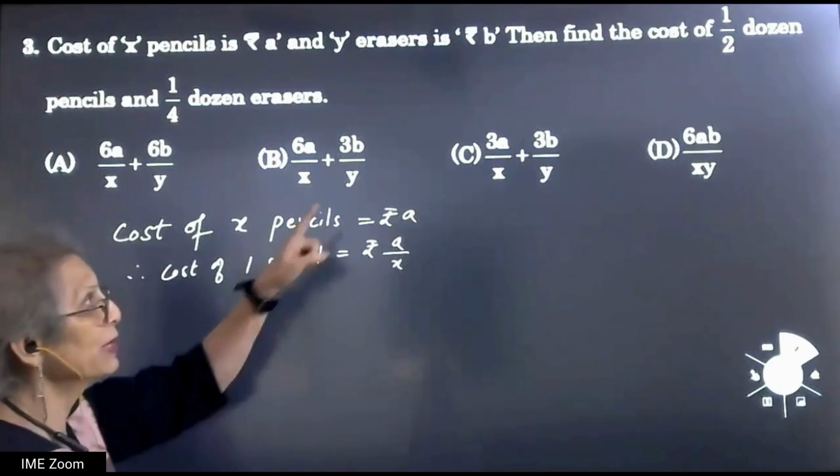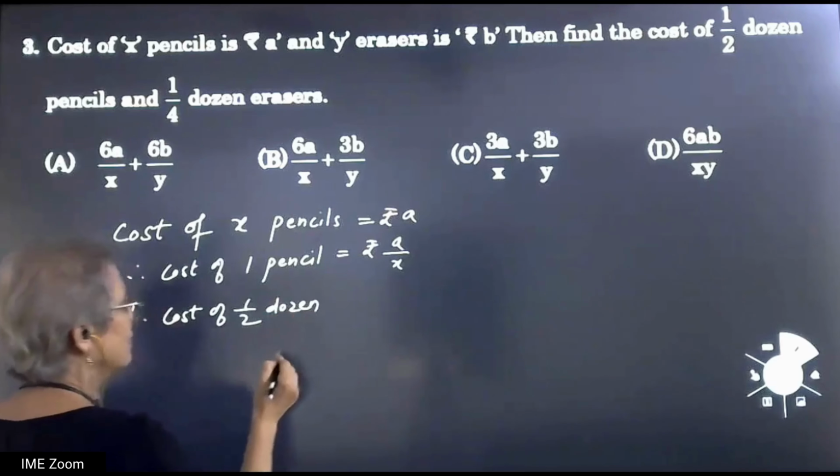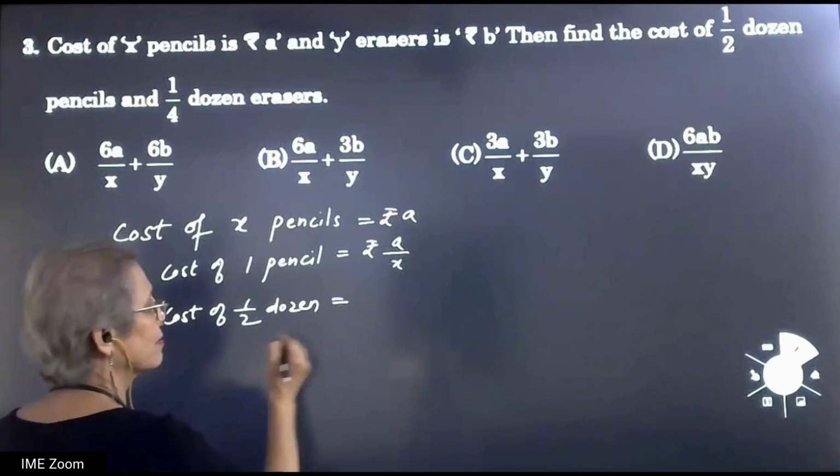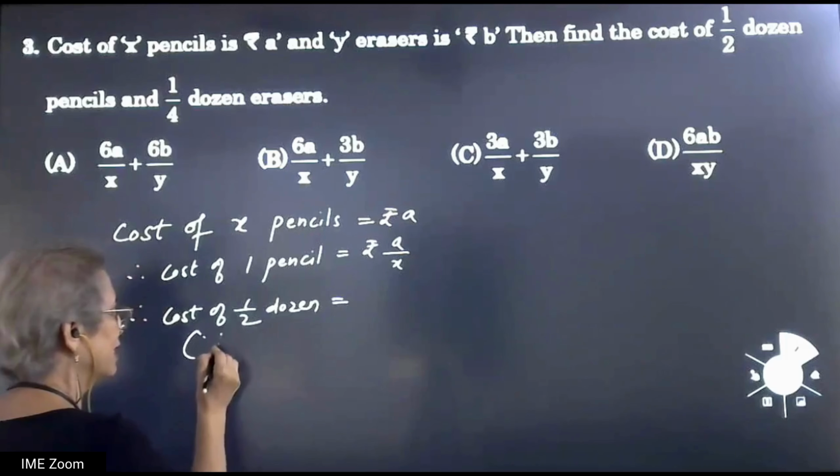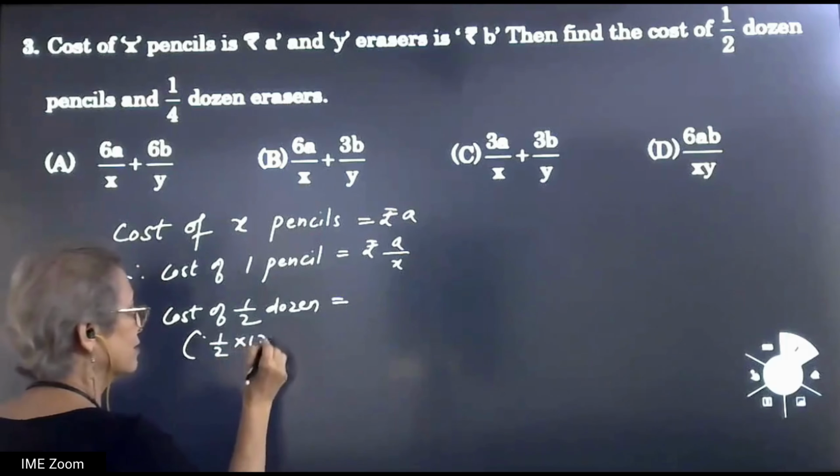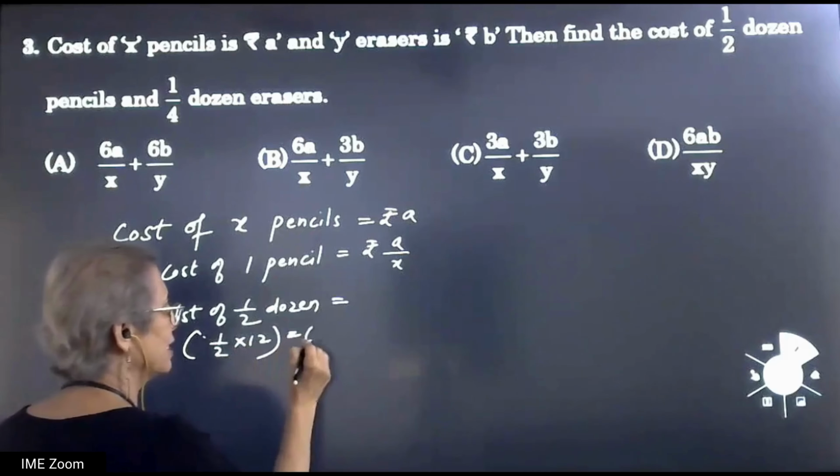And what we have to find out? Therefore, cost of half dozen. Half dozen means half into 12. Here we'll write half into 12, that is equal to 6.